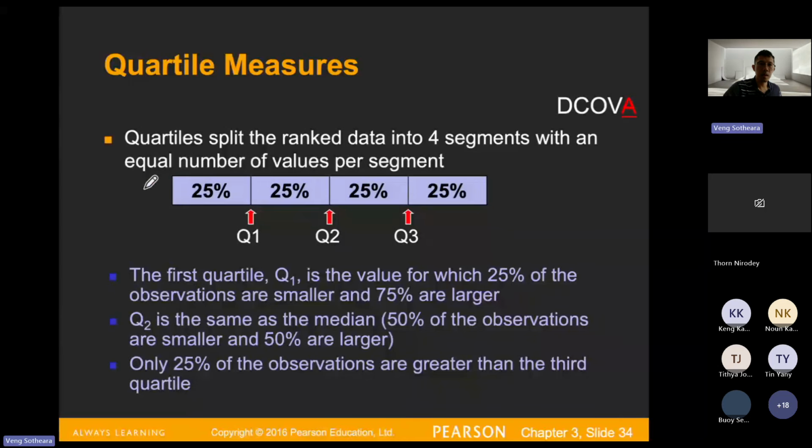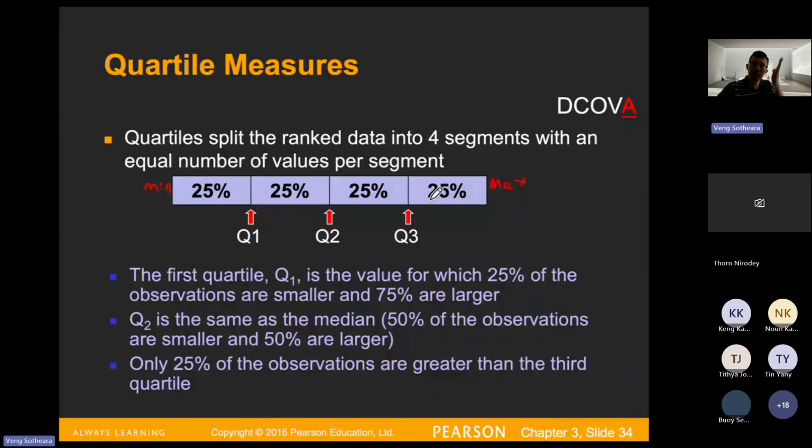So this would be the minimum, the smallest one, and the highest is going to be on the right hand side, the maximum. After arranging the data in ascending order like this, sometimes you need to find the positions at 25%, right?